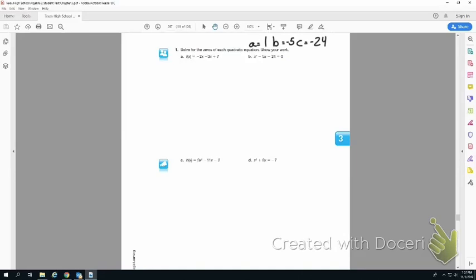So I'm going to go through. I've got negative 5 plus or minus the square root of negative 5 squared minus 4ac, all over 2a.